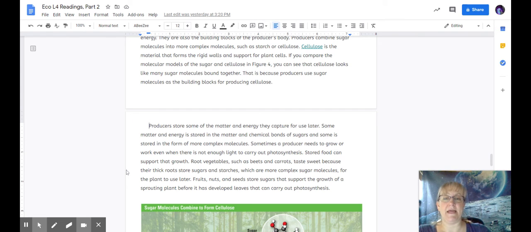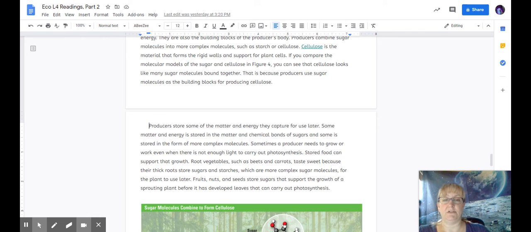Producers store some of the matter and energy they capture for later use. Some matter and energy is stored in the chemical bonds of sugars, and some is stored in the form of more complex molecules. Sometimes a producer needs to grow or work even when there is not enough light to carry out photosynthesis. Stored food can support that growth.